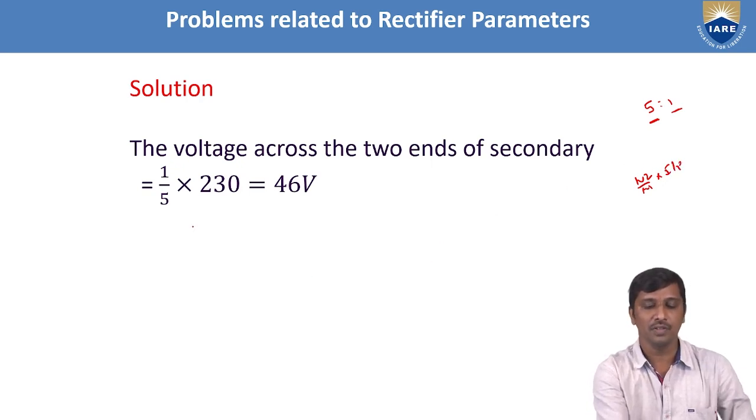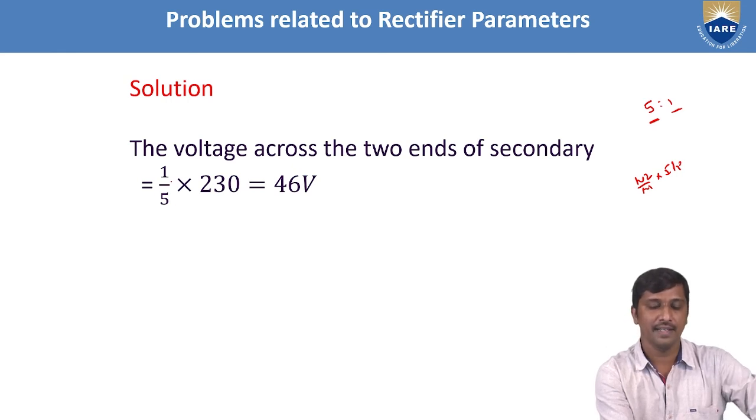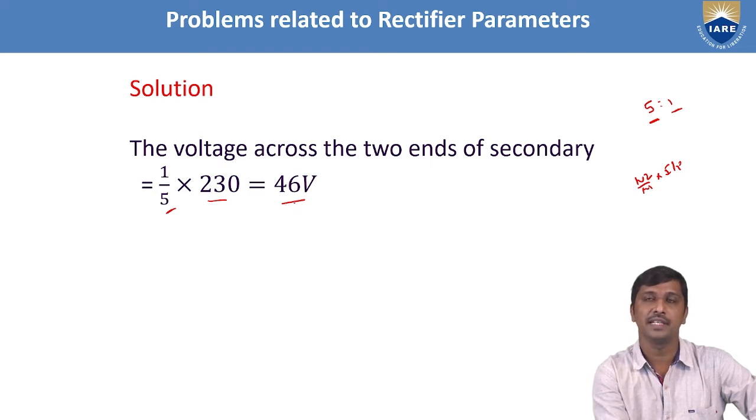So N2 by N1 is 1 by 5 times your input voltage of 230 volts, and that gives 46 volts. And this 46 volts is generated across the two ends of the secondary.